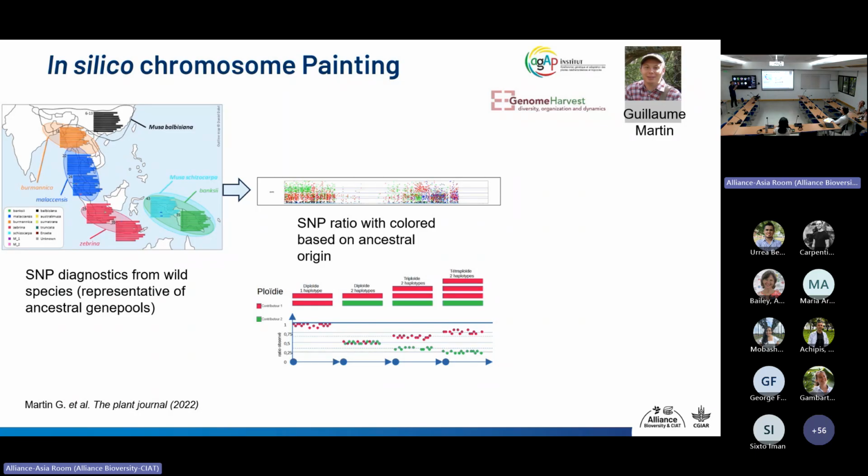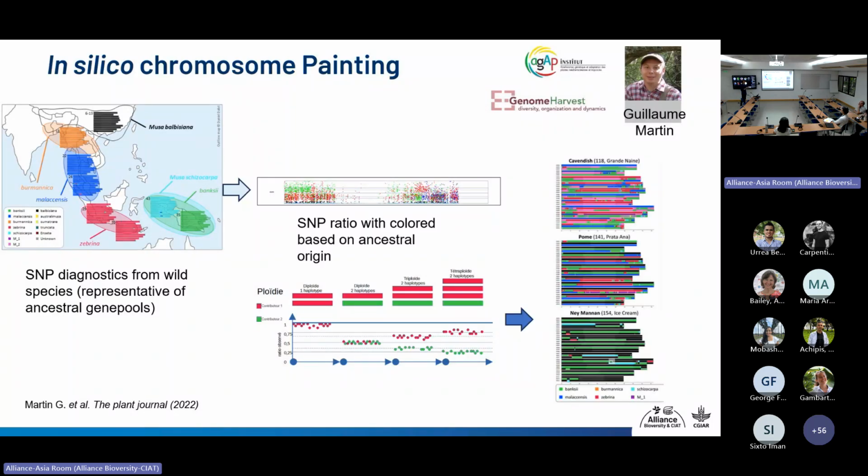So combining both the color and the SNP ratio, according to the ploidy, because we have multiple levels of ploidy, it was possible to create this type of karyotypes that we call mosaics, where you can paint along the chromosome based on the origin of the ancestral gene pools. So those Musa acuminata, balbisiana, the different subspecies, and so on.